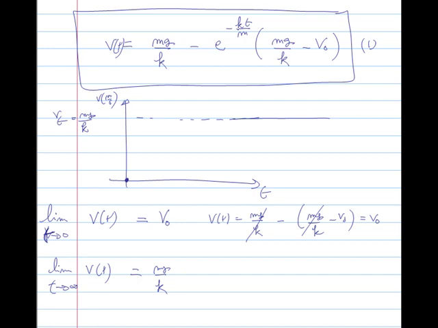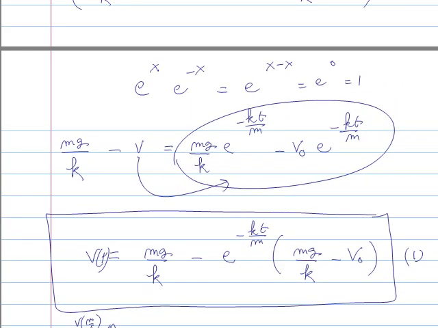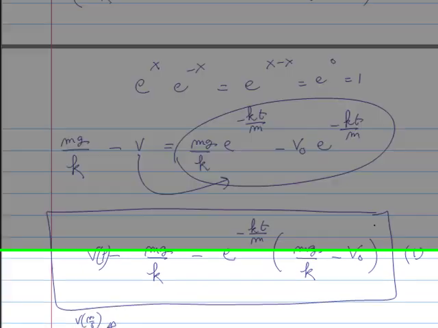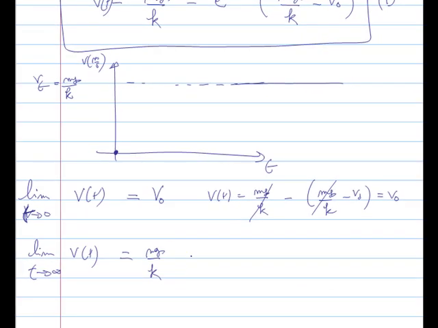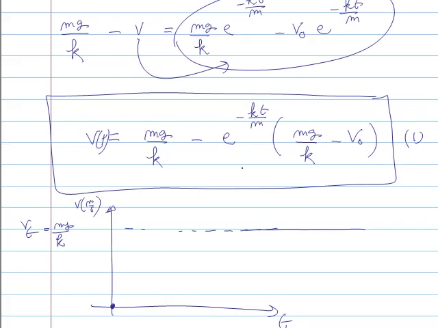Then as t goes to infinity, we have the exponential of minus infinity, and the exponential of minus infinity is 0. Therefore we have 0 times mg over k minus v naught, everything will go to 0. And sure enough, we end up with the terminal velocity that we had predicted earlier. So this equation is the one that will describe what's in between.